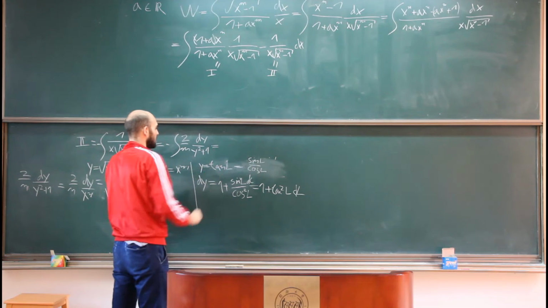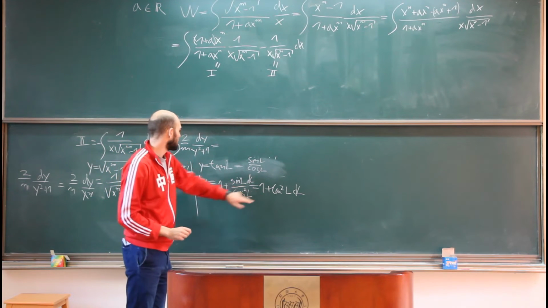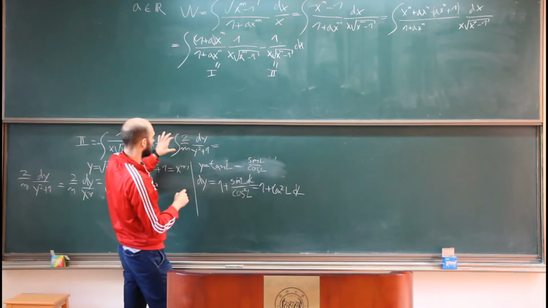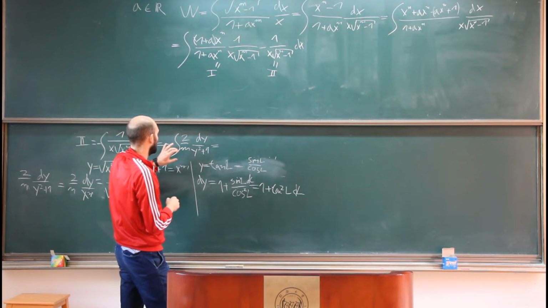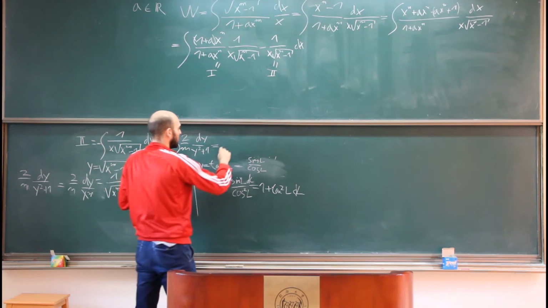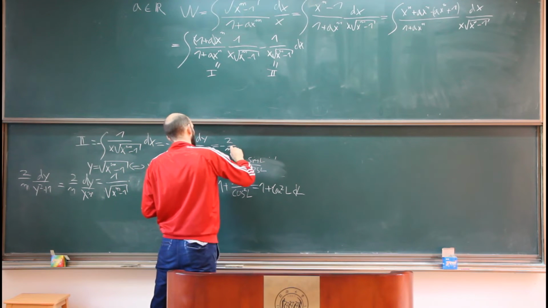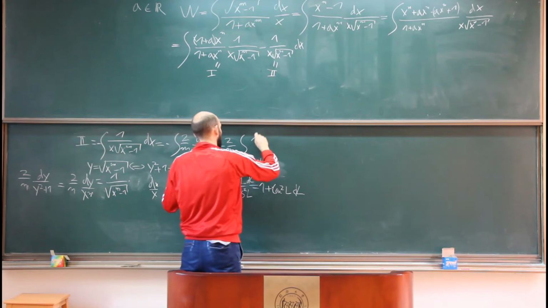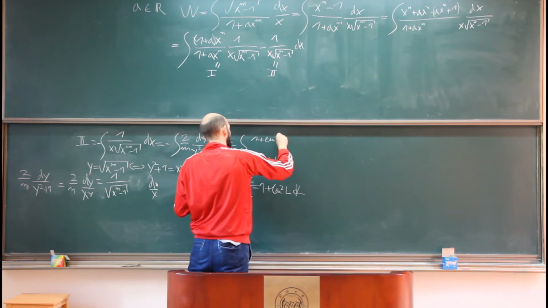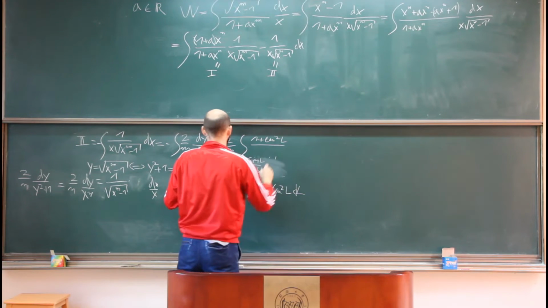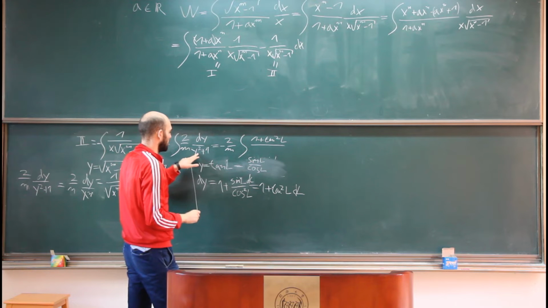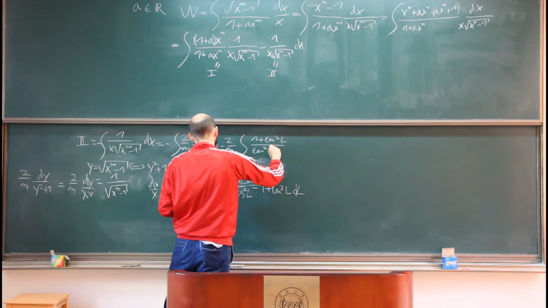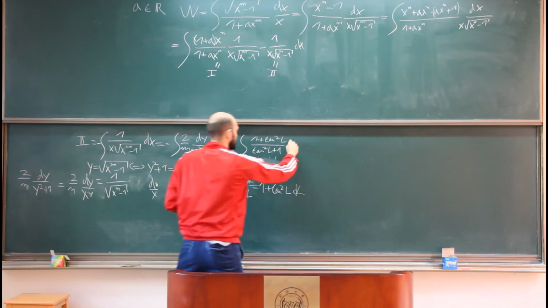So I can just rewrite this. For dy I'm just plugging this in, and for y I'm plugging a tangent in. I can write the 2 over m in front because it's not depending on y or L. So we have 1 plus tangent squared of L dL, over tangent squared of L plus 1, and it's the same.